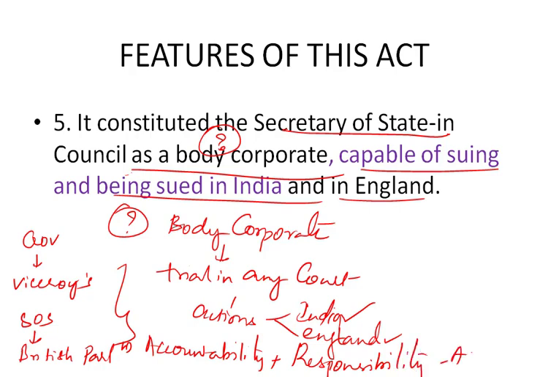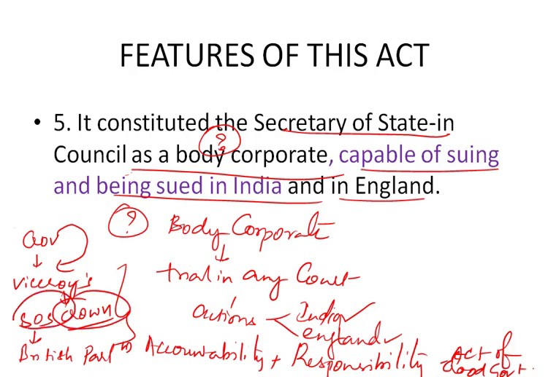What is the Act of Good Government? At every level of administration, the governors of different presidencies are accountable to the Viceroy of India. The Viceroy of India is accountable to the Crown of England because he is the direct representative of the Crown of England. And the Secretary of the State and his council are responsible to the British Parliament.